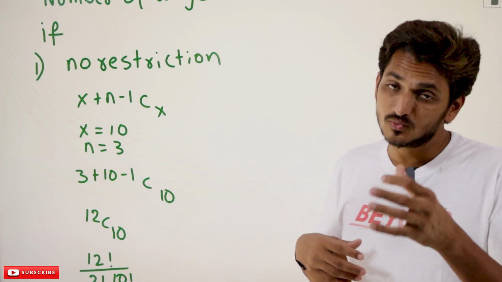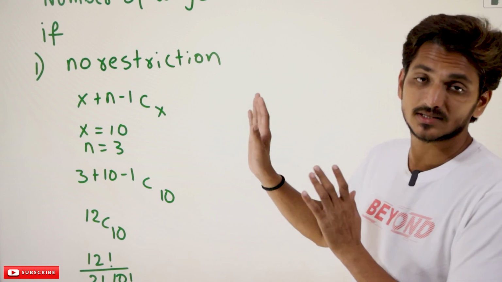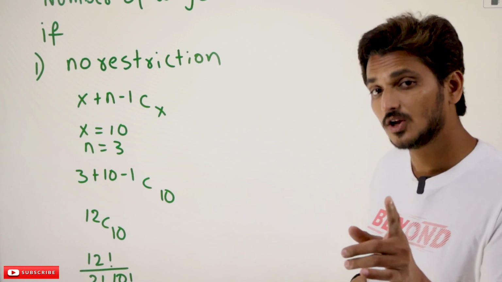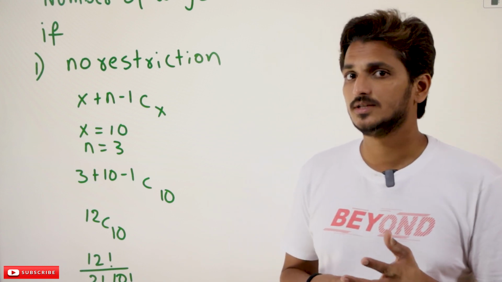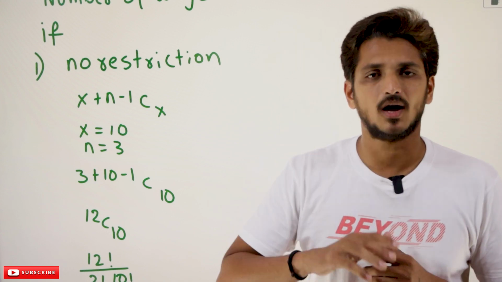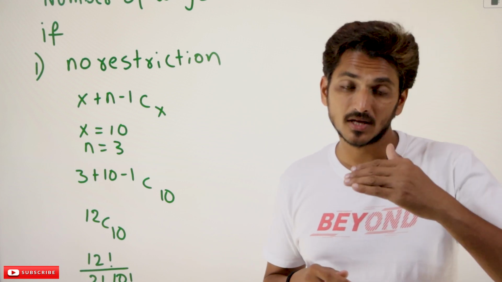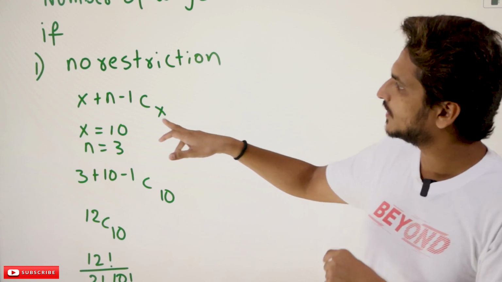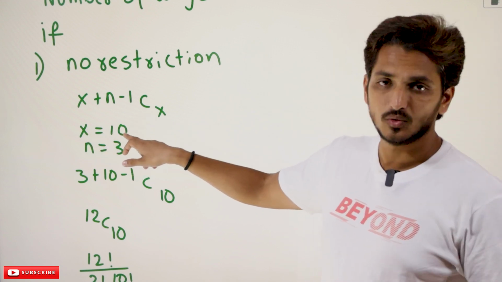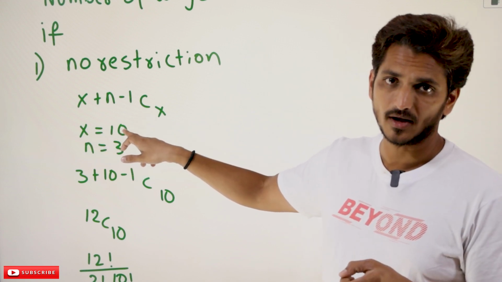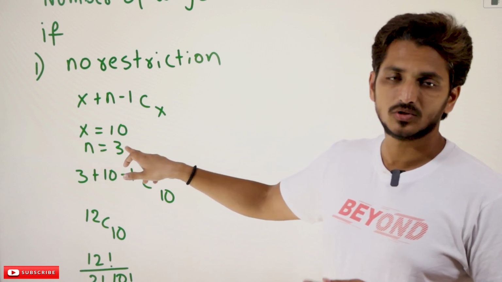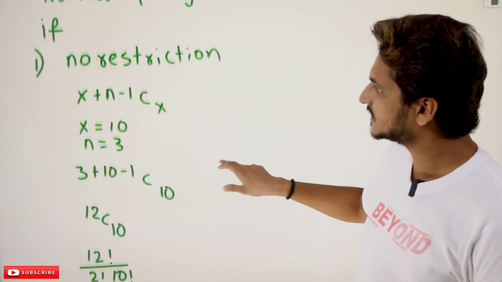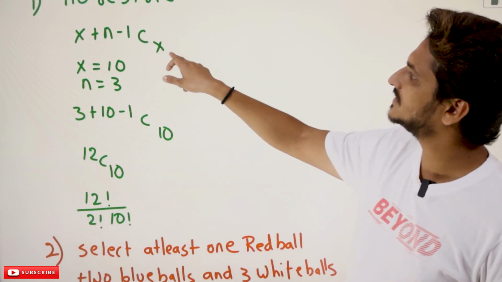So the formula which we discussed in our last class, using a similar example. In our last class we discussed that there are three types of soda, and 10 members are going to select, the same example. Here x is equal to the number of selections, which is 10. n is equal to 3 types of balls available. So what's the formula? x plus n minus 1 c x.